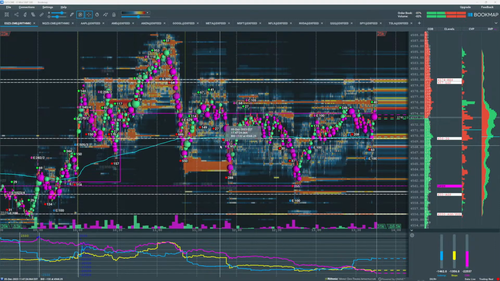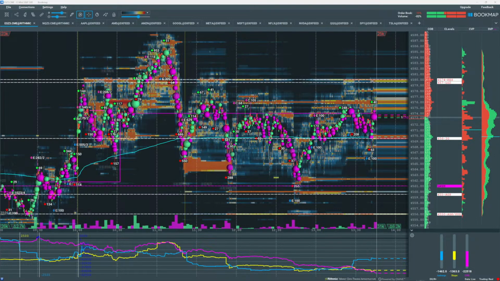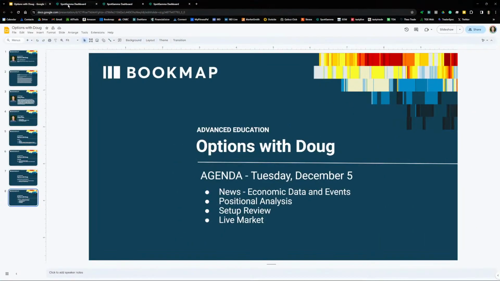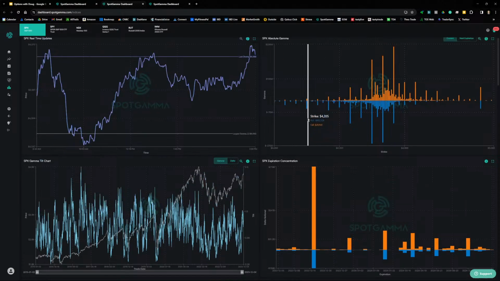Stephen asked, what is the difference between the absolute gamma strike and zero gamma? So first of all, the absolute gamma strike, let's just take a look. We're on SPX. Let's go to SPX.